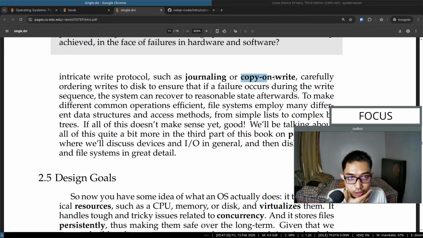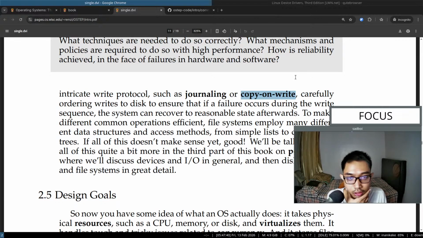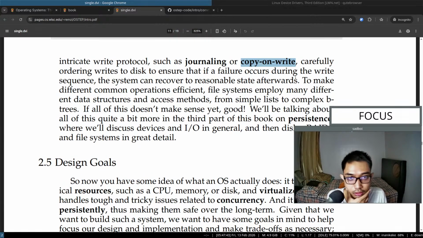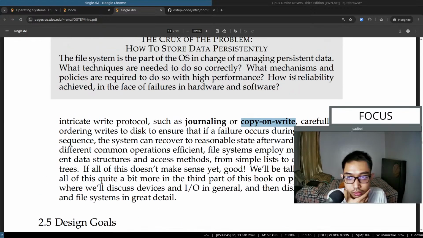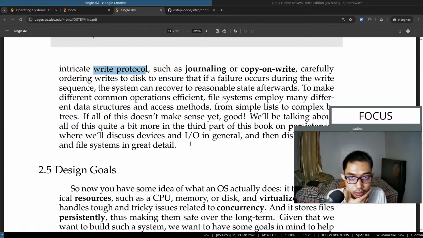Okay, copy on write. So instead of writing directly to the file, the file system or maybe the write protocol copies the file first and then writes to that copy instead of the original, and then if the writing is done, that copy replaces the original one.